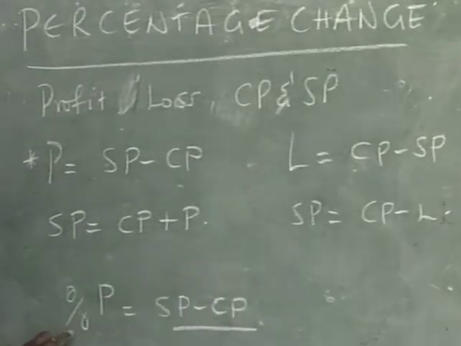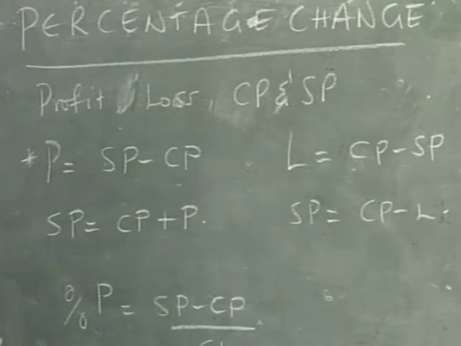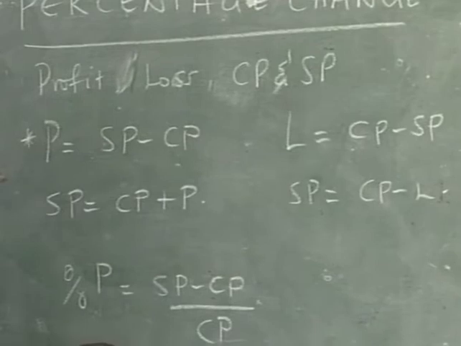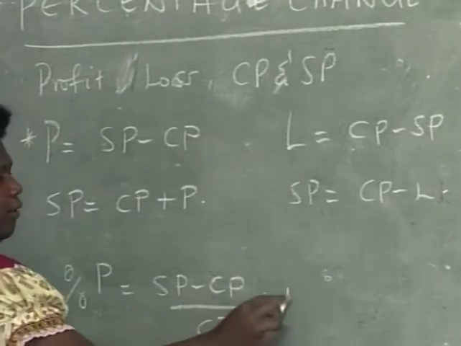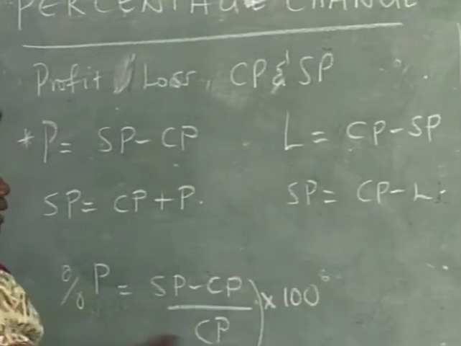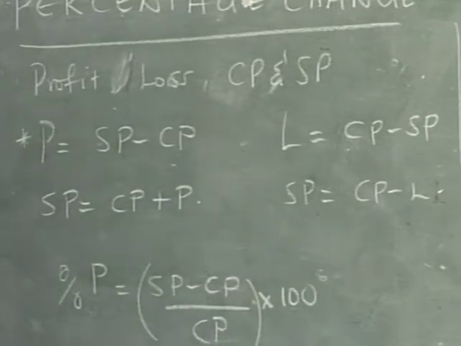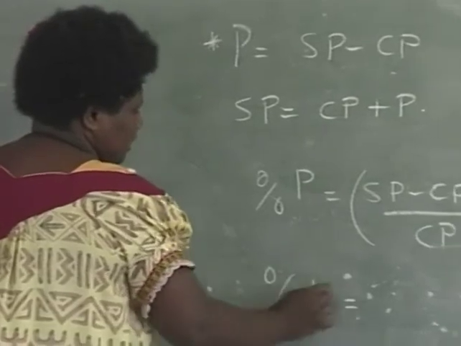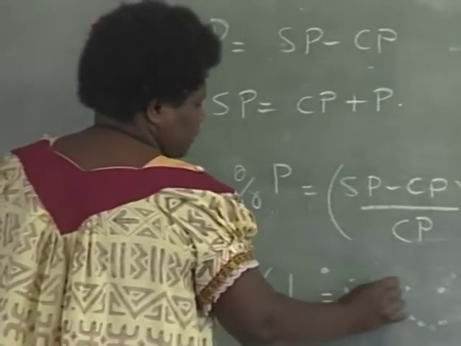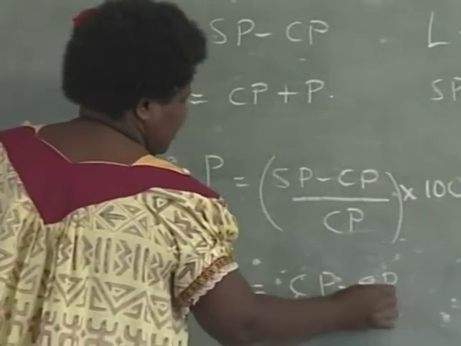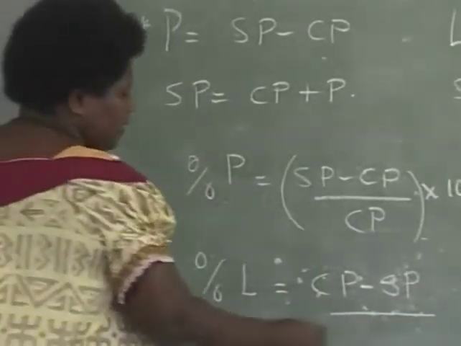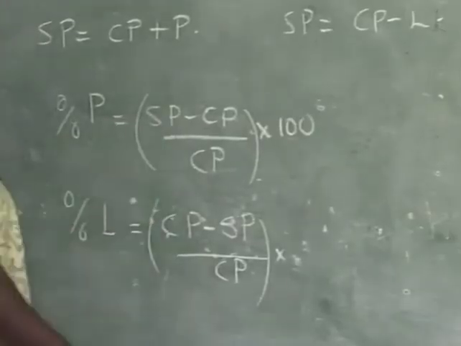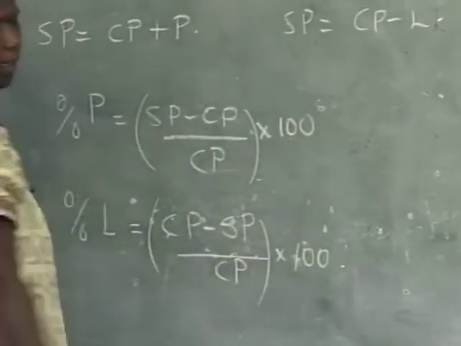If you want to change it to a percentage, you have to divide it by the cost price, because it is the original price, and you multiply all of that by 100. Percentage loss is the other way around. It will be the cost price minus the selling price over the cost price, because the cost price is the original price, and then you multiply it by 100.